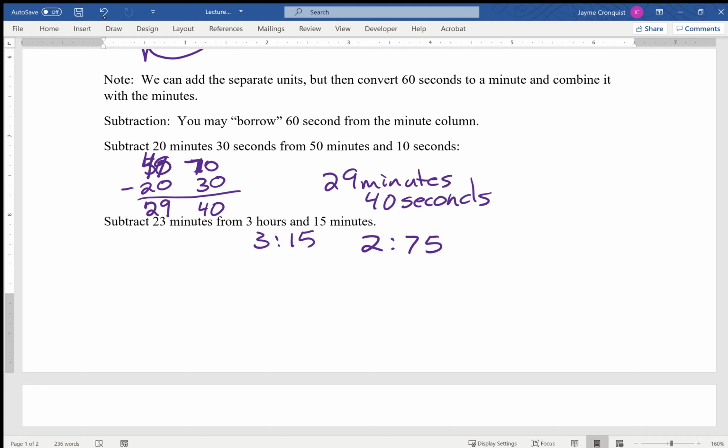All right, now I'm supposed to subtract 23 minutes from that. Okay, so I've got 2 from 7 is 5, 2 hours and 52 minutes. There we go.